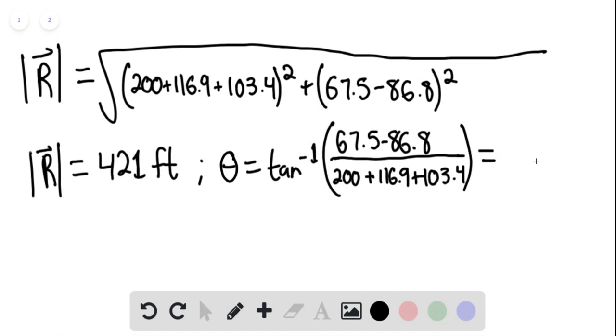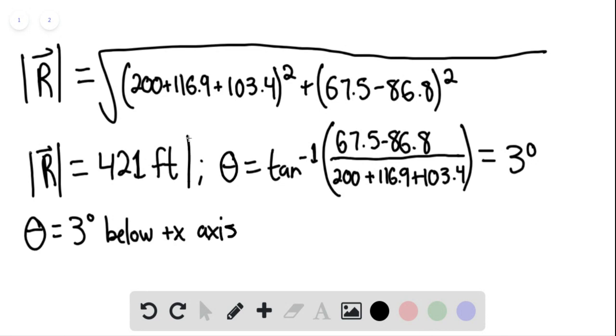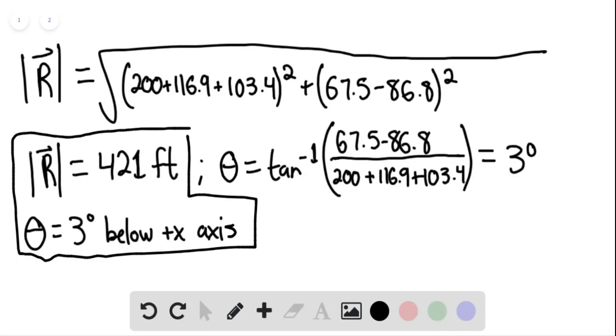And this is going to equal 3 degrees. But remember, we have a positive x, a negative y, so we're actually in the fourth quadrant. So theta would equal 3 degrees below the positive x-axis. And so this would be our final answer for the magnitude of the resultant vector.